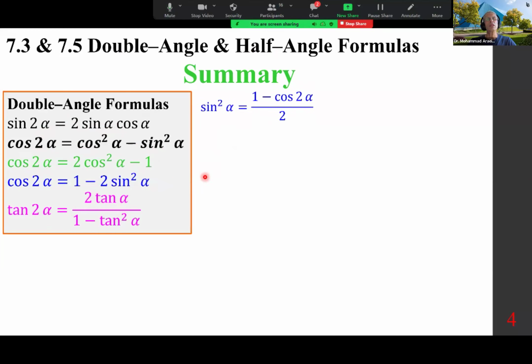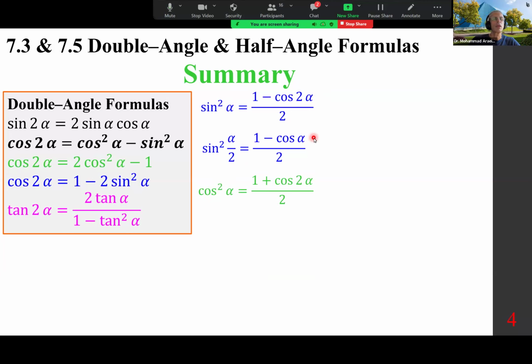Now, they will give rise to the following. Sine squared alpha comes from this formula. You can solve for sine squared alpha and you get 1 minus cosine 2 alpha over 2. And therefore, if you divide the angle by 2, 2 alpha becomes alpha.